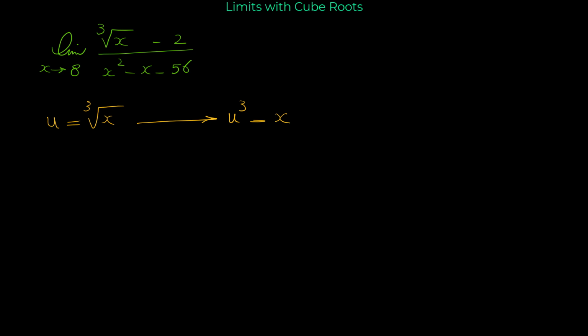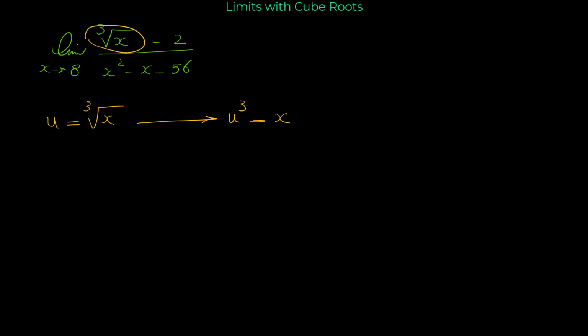Why do we want to find x? Because look at the denominator. Here and here we have x. And we want to write all of this limit in terms of u. So we want to substitute and rewrite this limit in terms of u. We change the variable name to u.